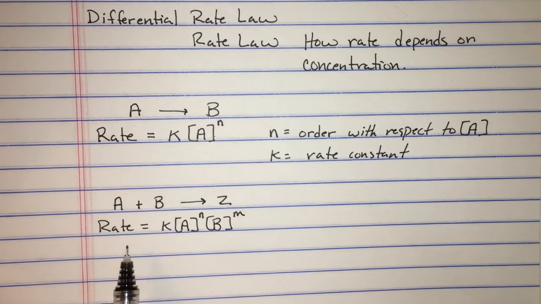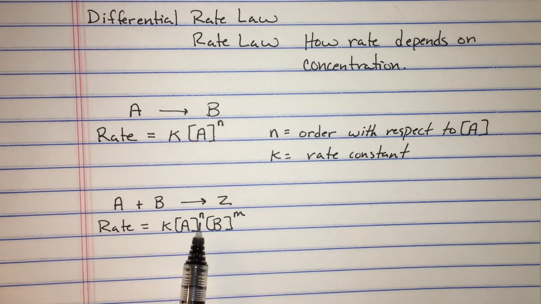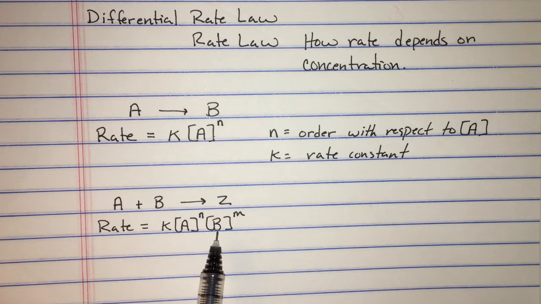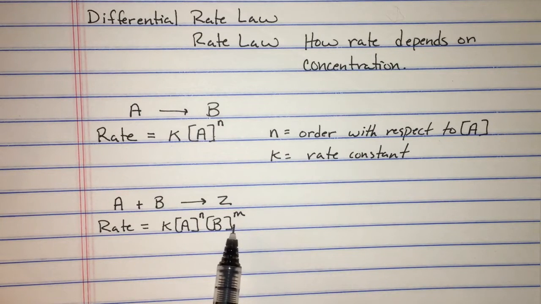So again, what does the rate law tell us? Well, the rate law tells us that the rate is equal to a rate constant times the concentration of A raised to some power times the concentration of B raised to some other power.